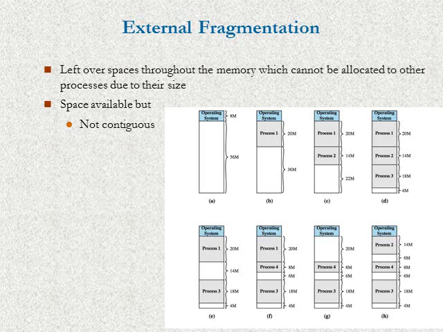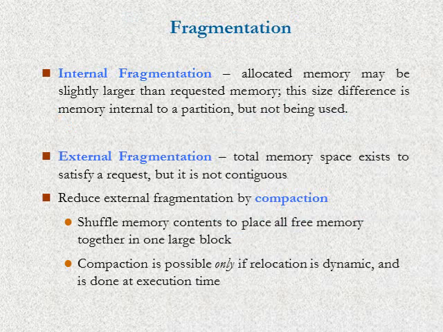In both of these cases, this space is not being used by other processes that require some space in the system. So internal fragmentation happens in fixed partitioning, where the allocated partition size is larger than the size required by a process.